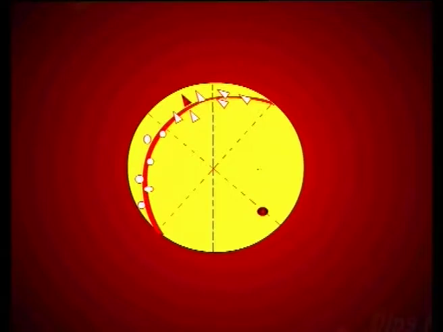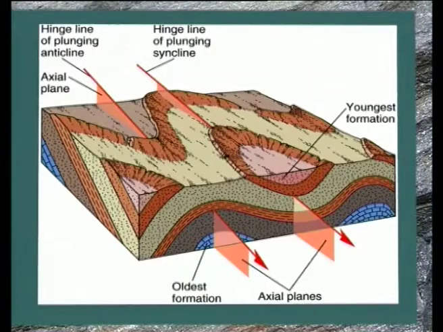They will have their poles plotting at a cluster or showing a maximum, while in case of a pre-existing minor fold deformed by a later major fold, the axial planes will also become folded. This is how we differentiate between folds of different generation but of different scale.